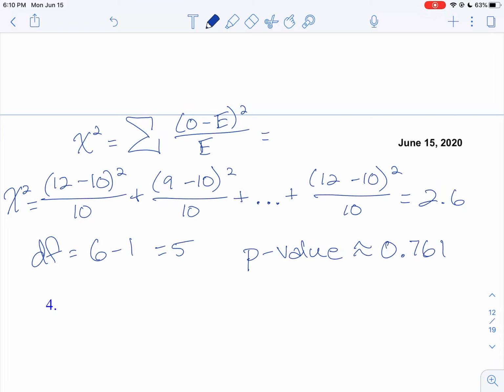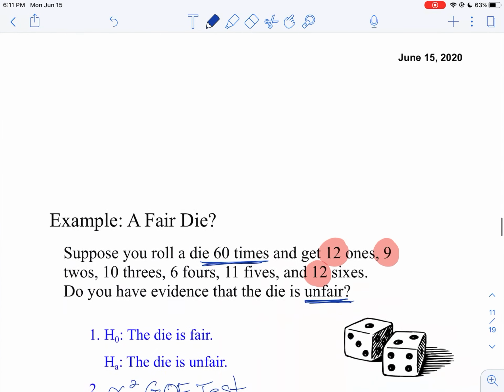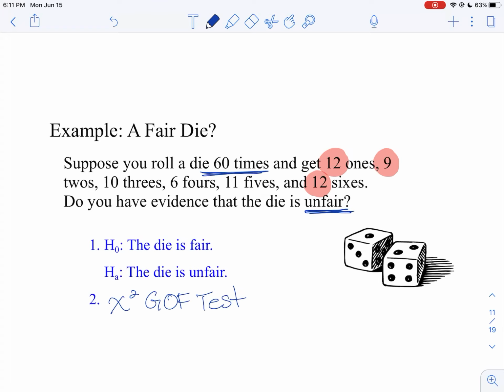I could do 12 minus 10 quantity squared divided by 10, plus the quantity 9 minus 10 squared divided by 10, plus the quantity 6 minus 10 squared divided by 10, plus the quantity 11 minus 10 squared divided by 10, plus the quantity 12 minus 10 squared divided by 10.